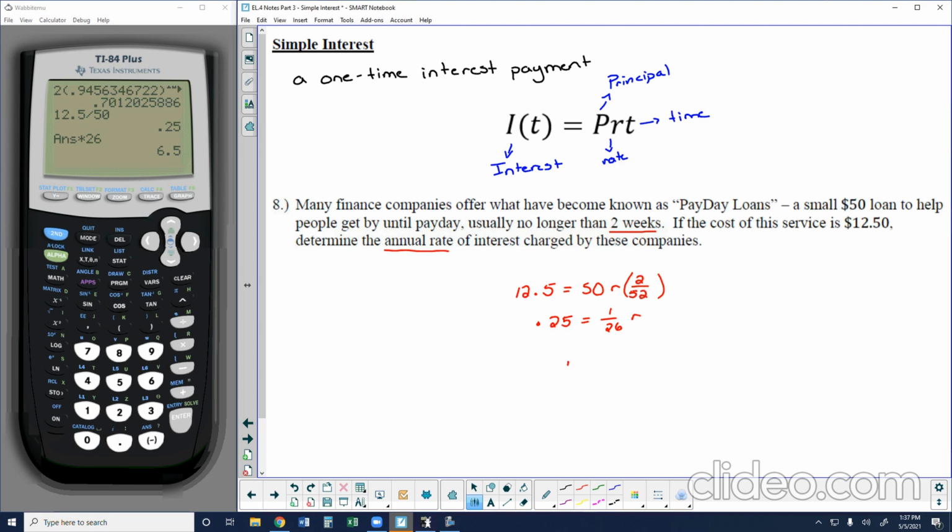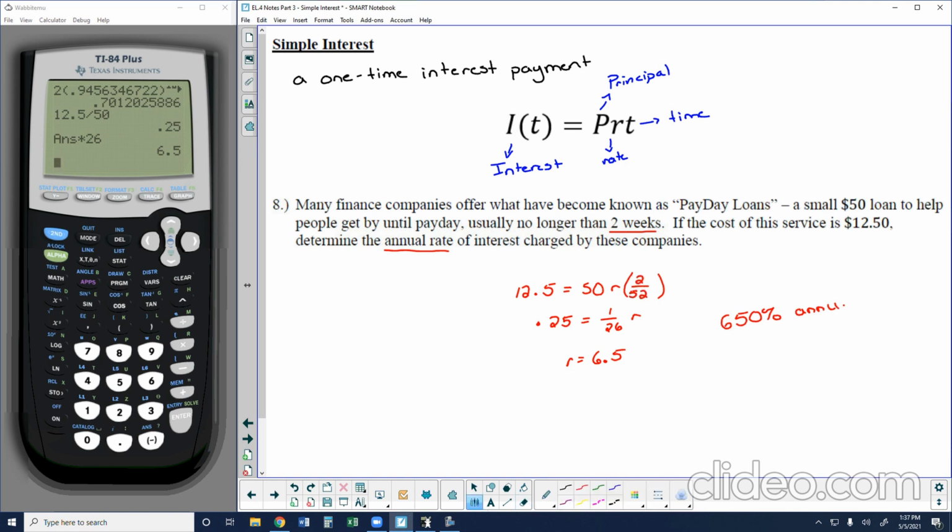And so R equals 6.5. This is the rate. This is not the percentage. If we convert this into a percentage, this is a 650% annual rate of interest.